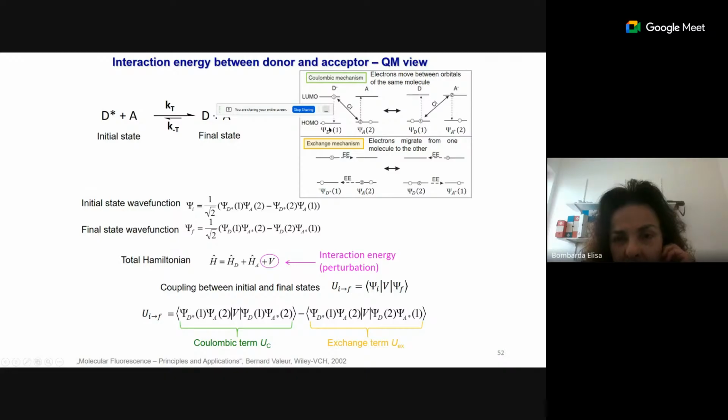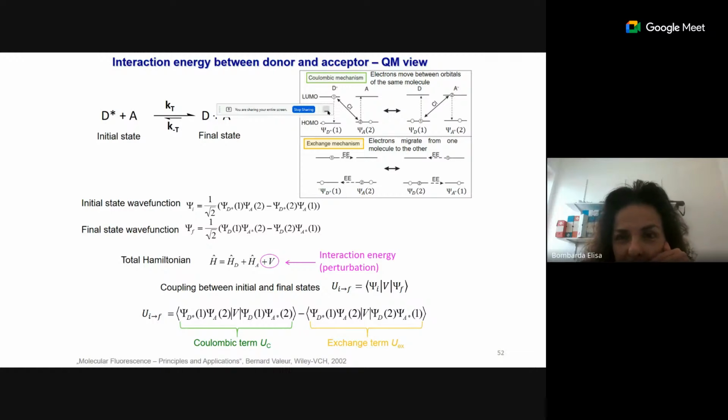You see, there are two ways to transfer the excitation between the two molecules. One is called the Coulombic mechanism, and the electrons move between orbitals of the same molecule.